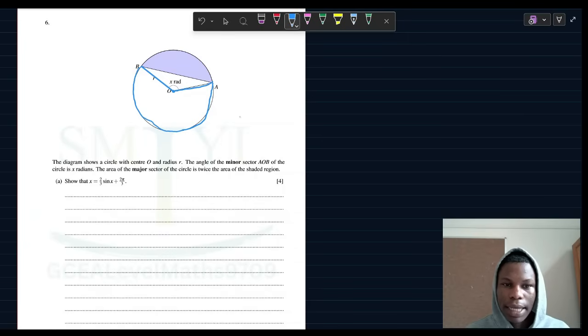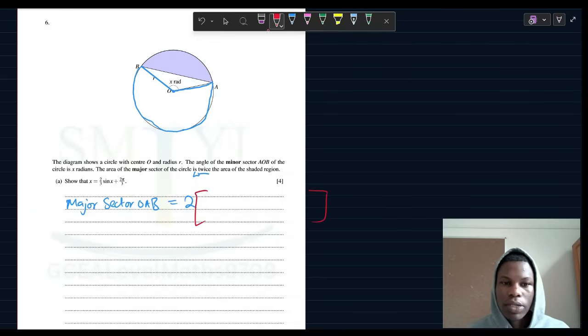And we're saying the area of major sector OAB is equal to twice the area of the shaded region.